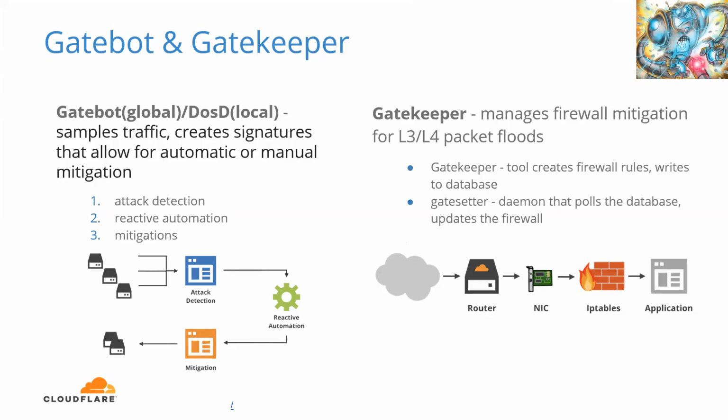If the attack is global, and the same attack comes at the same time at multiple data centers, Gatebot will be the one that samples the traffic from each of our data centers and compares it to see if there is any attack being detected. And if an attack is detected, Gatebot itself will try to find the pattern and create the automation.